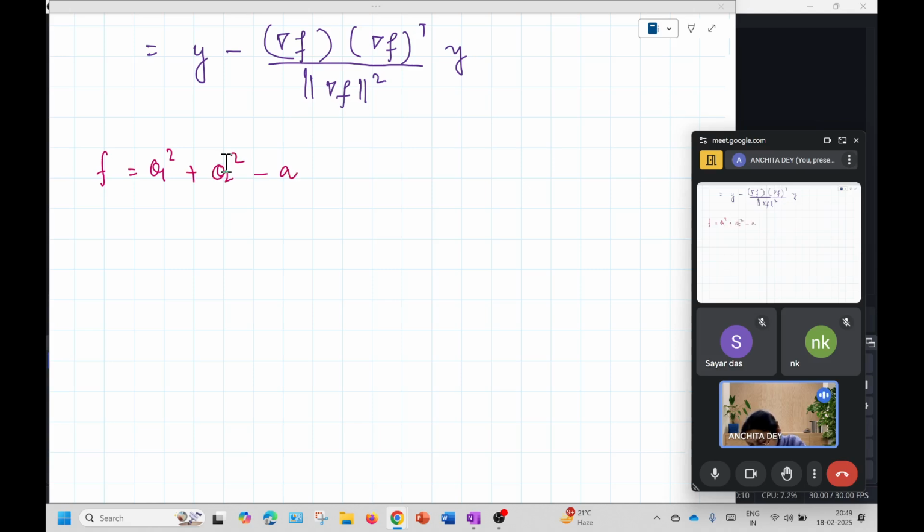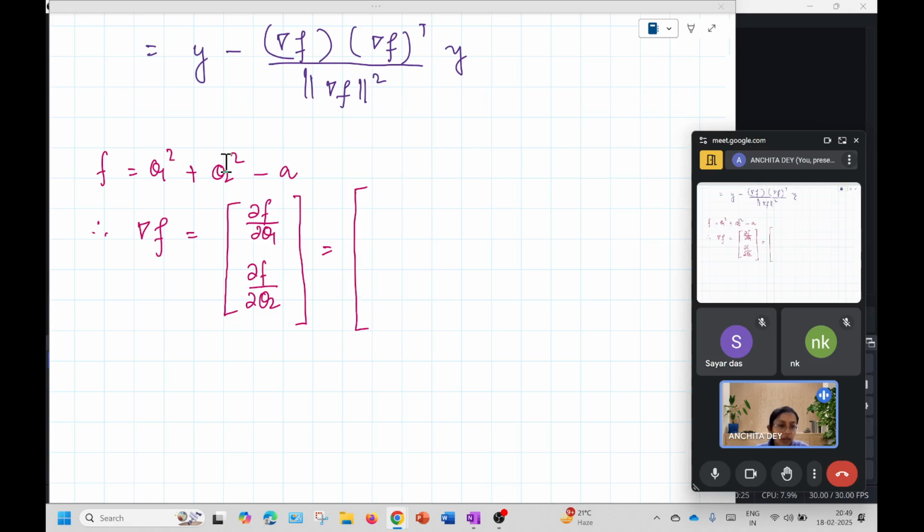Therefore, grad f would be dou f dou theta 1, dou f dou theta 2, right? Because we now have two variables, theta 1 and theta 2. So this would be twice theta 1, twice theta 2, and a is a constant.